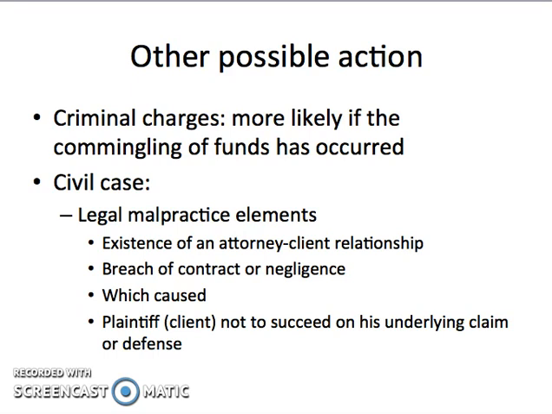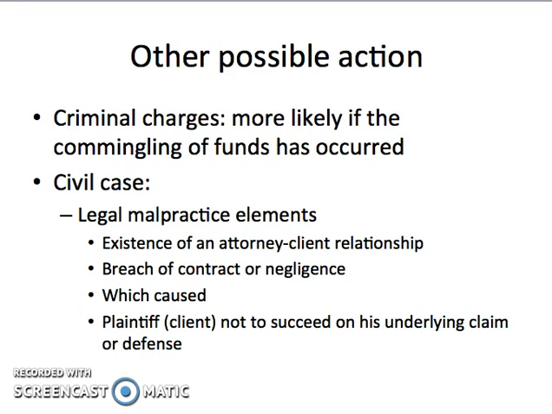That's a very high burden for a client because, as you know, and as we've talked about in other classes, there's a lot of variables that go into the success of a case. And sometimes it's our client that is the biggest risk factor in our cases or the biggest detriment to the case. It's not always what the attorney does. And just because a claim or defense is unsuccessful does not mean that there was any sort of legal malpractice.